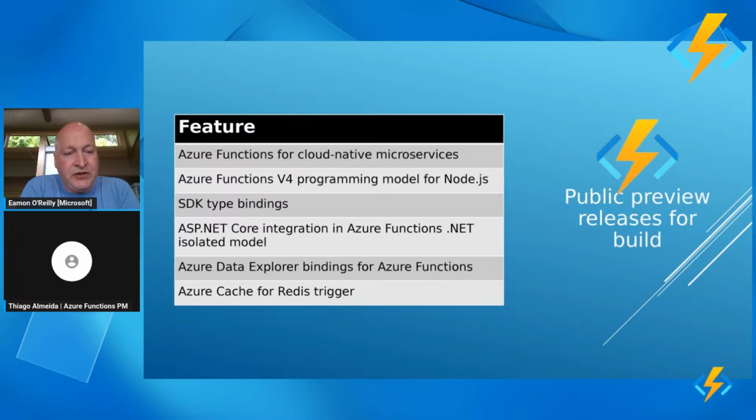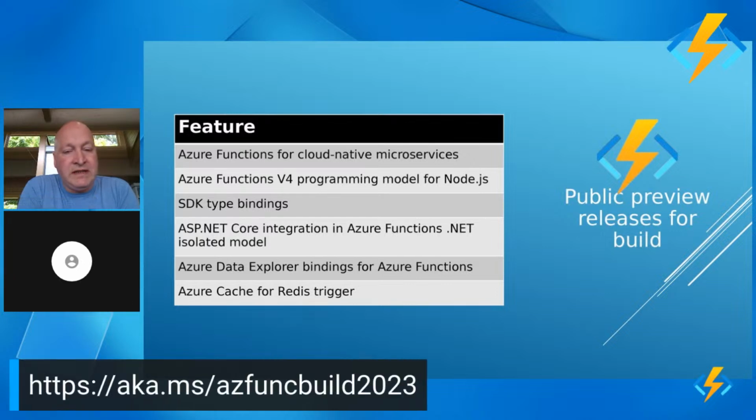The first was the Azure Functions v4 programming model. I talked a lot about the Python experience and how we make it a lot easier if you're a Python developer to build on Functions. But we also released a public preview of Node. And what this allows you to do is take advantage of all of your JavaScript or TypeScript functionality, but there's an enhanced capability now when you're building those experiences locally that make it a lot more friendly for you as a Node developer to build Azure Functions.